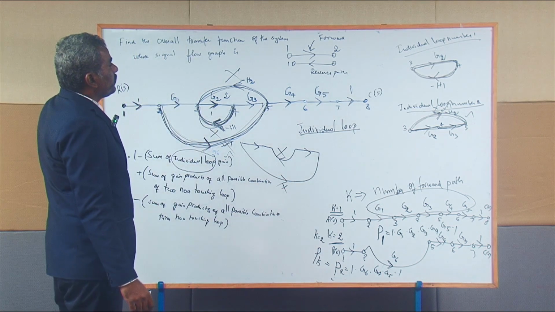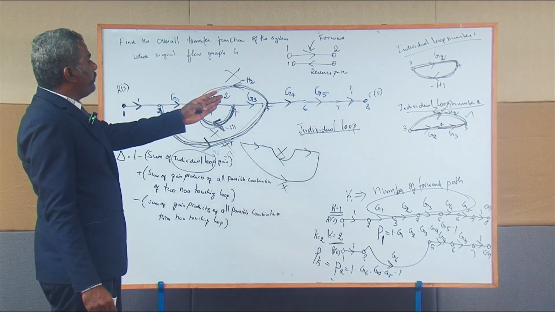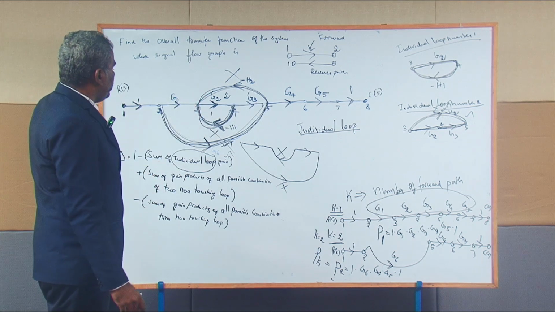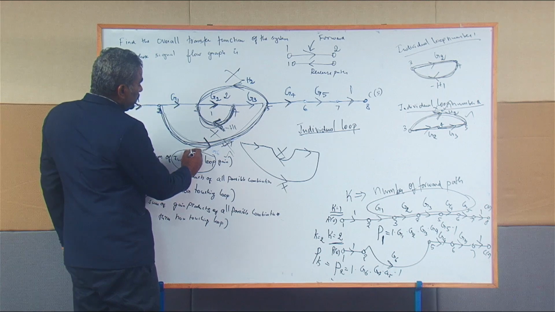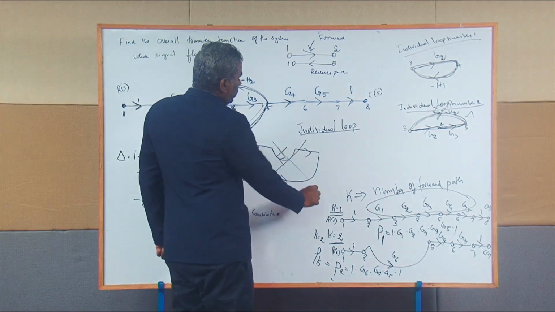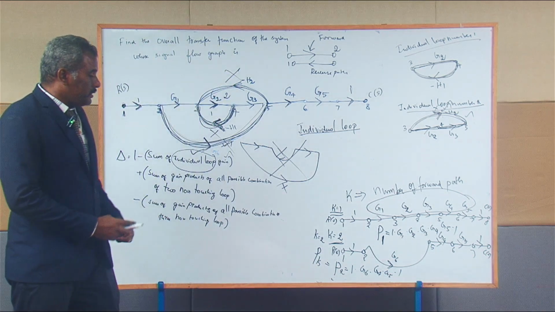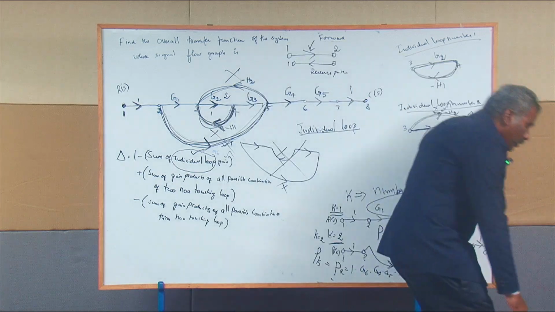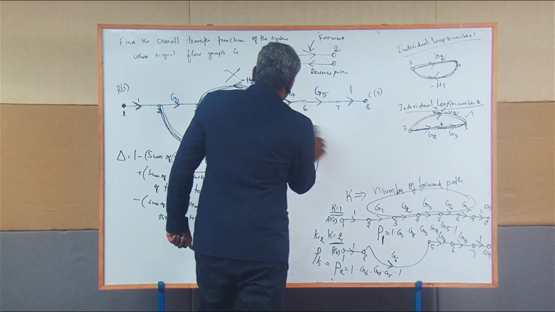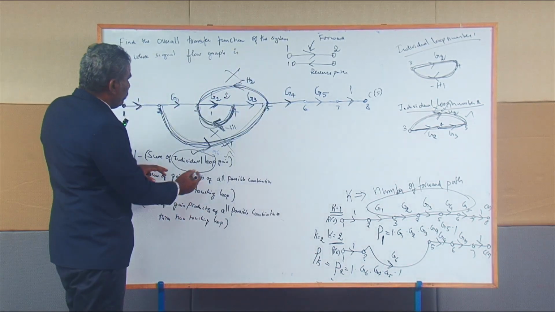So only two, individual loop number 1 and individual loop number 2, are possible in this problem. Other than these two individual loops, there are no other possible combinations. So after checking all possible combinations of individual loops, only then do you move on to finding the individual loop gains.